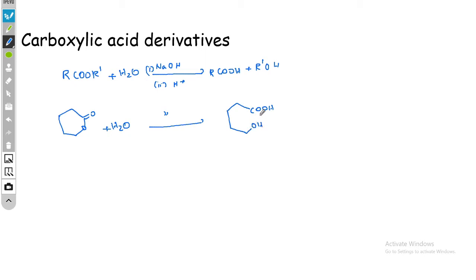Similarly, an amide, RCONHR' plus H2O under similar conditions, gives RCOOH plus R'NH2. A cyclic amide is called a lactam. Lactams also show a similar reaction.